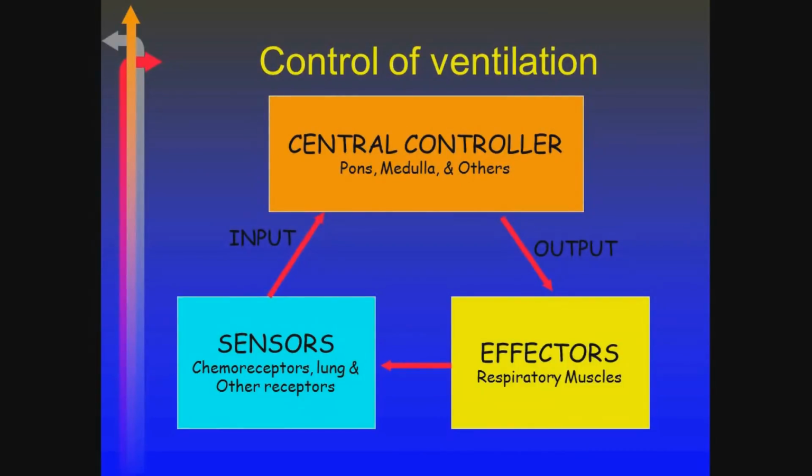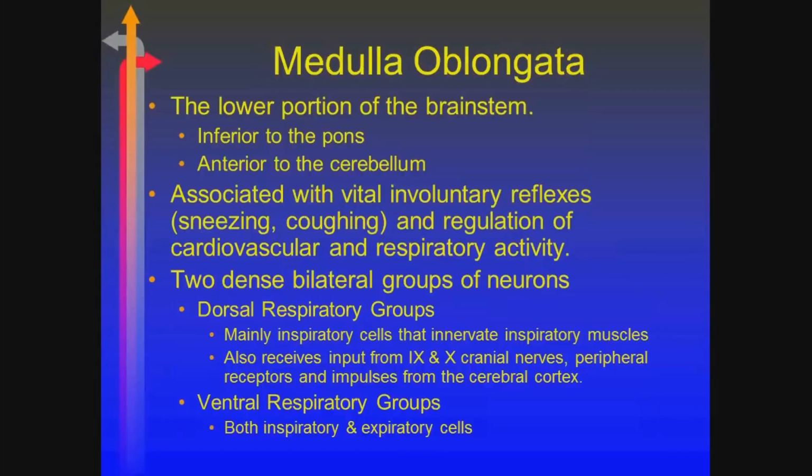It has output which then has some stimulation of the respiratory muscles or effectors. And then there's also some sensors giving biofeedback back to the central controller about various aspects related to that ventilation. And we're going to find out that there's some peripheral receptors and some chemoreceptors.